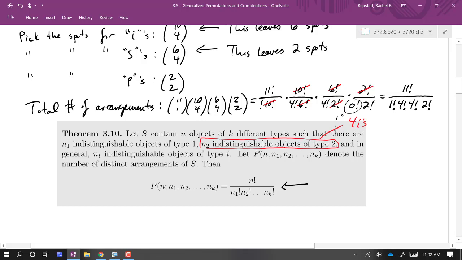And so this is exactly what we would get. We have 1 M, so there's my n1 factorial. We have 4 I's, so there's our n2 factorial, and so on, that we see in this formula.